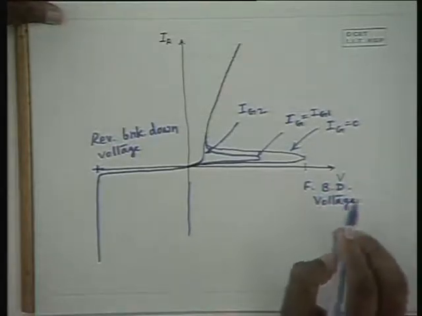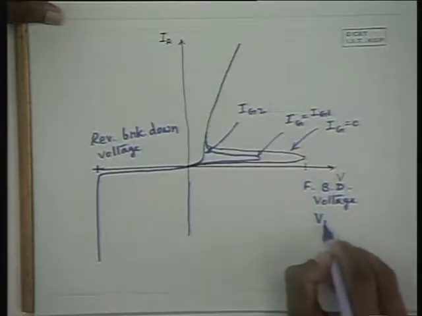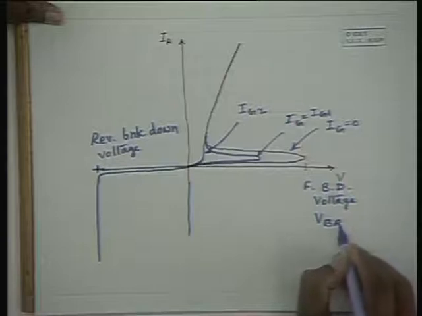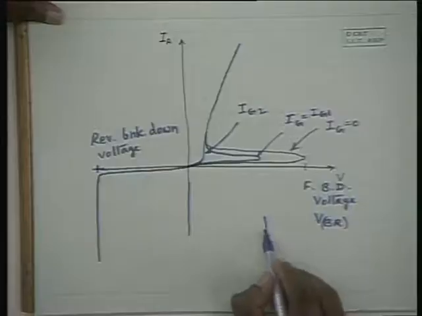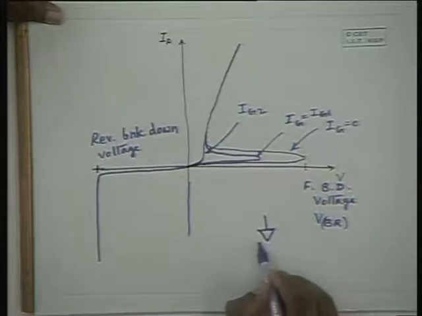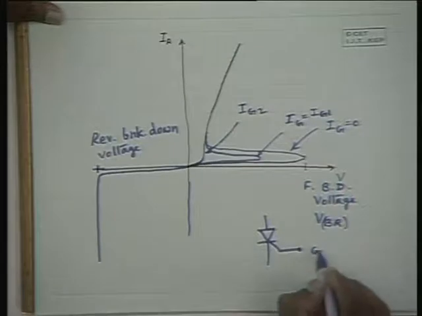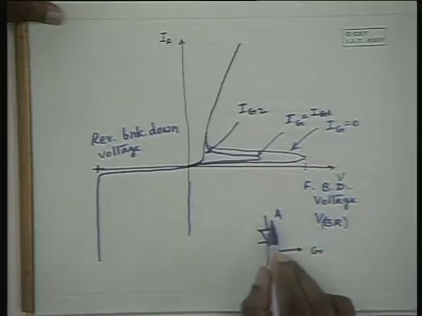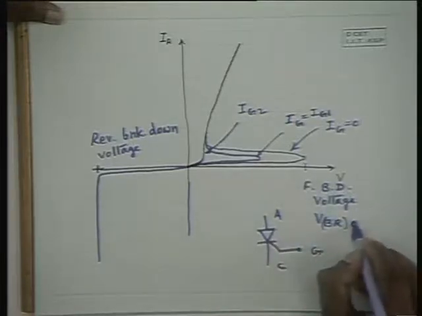Which is represented as VBR, and the breakdown potential occurs under different situations of the gate. When the gate is open, the breakdown potential that occurs is known as VBRO.